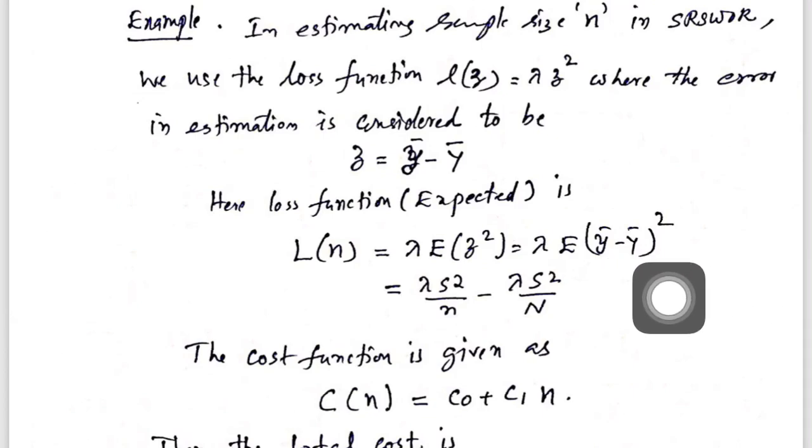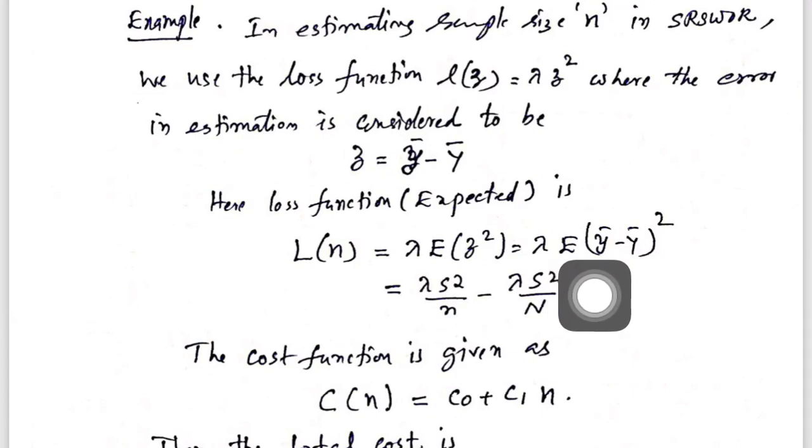And what is this? It is nothing but the variance of small y bar. And what is variance of small y bar? It is equal to (1 by n minus 1 by capital N) into S square, or (N minus n) by N n into S square.